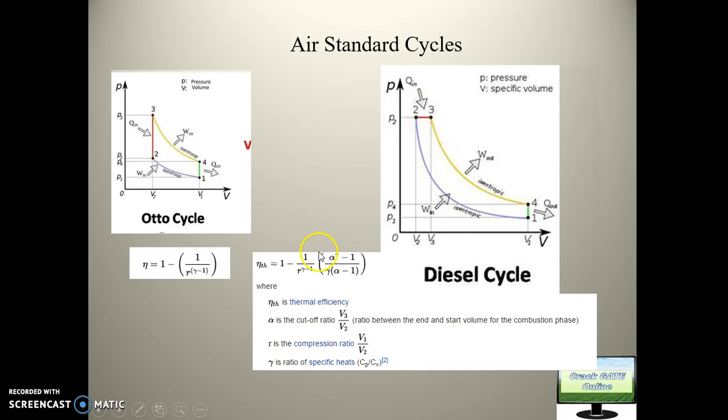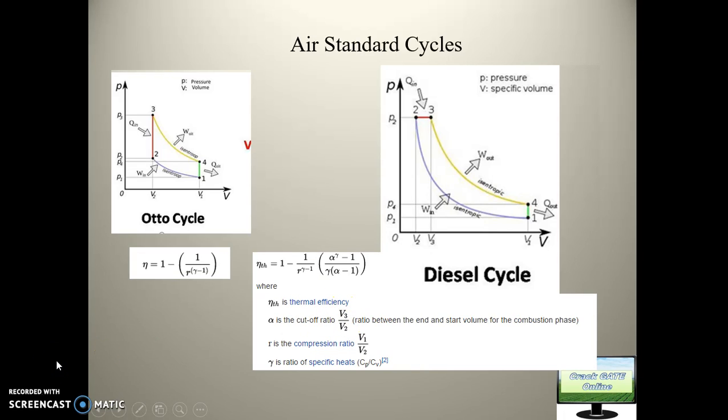These values will be given in the question. They will provide the compression ratio, specific heat ratio and cutoff ratio, and you just have to put them into the equation. Or sometimes they'll provide V3 and V2 values, so you can calculate alpha by dividing V3 upon V2.